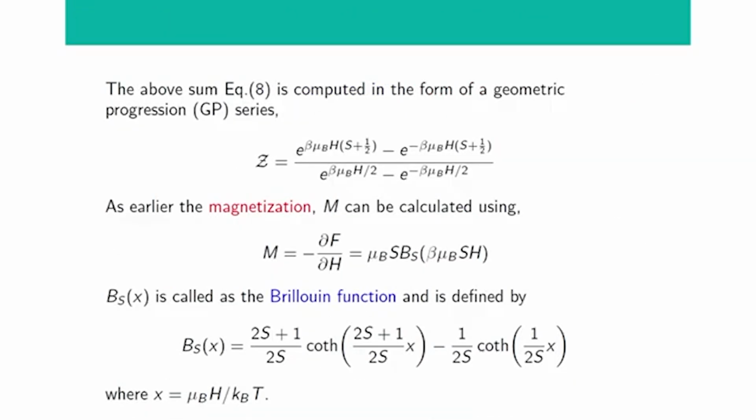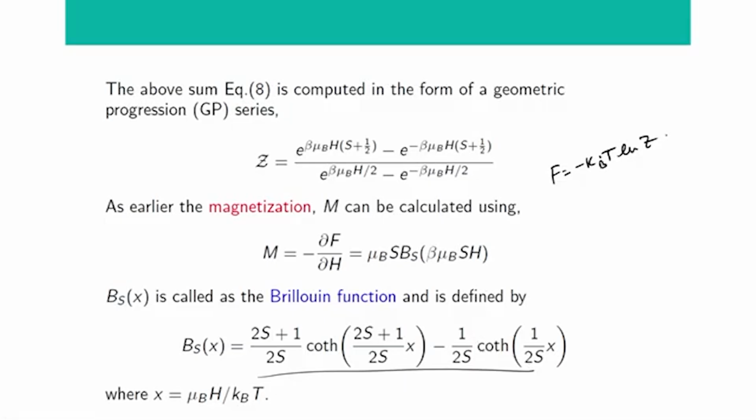So, one can calculate this partition function in a closed form, which will be obtained by summing up a GP series, and then you take F is equal to minus kT log Z, and then calculate M with this formula using minus dF/dH, and one gets a Brillouin function, which is nothing but this thing where x is equal to mu_B H over kT.